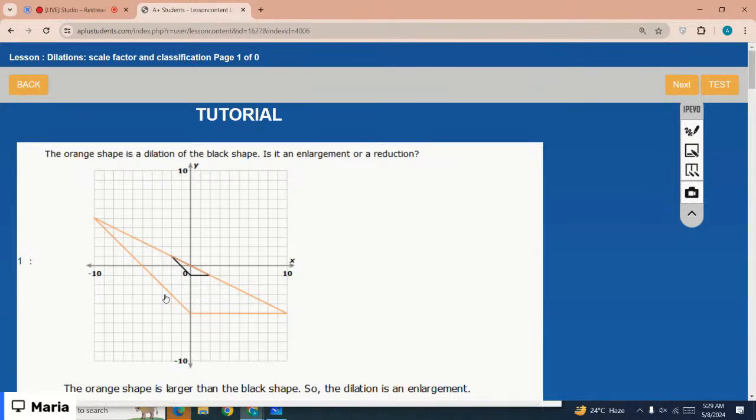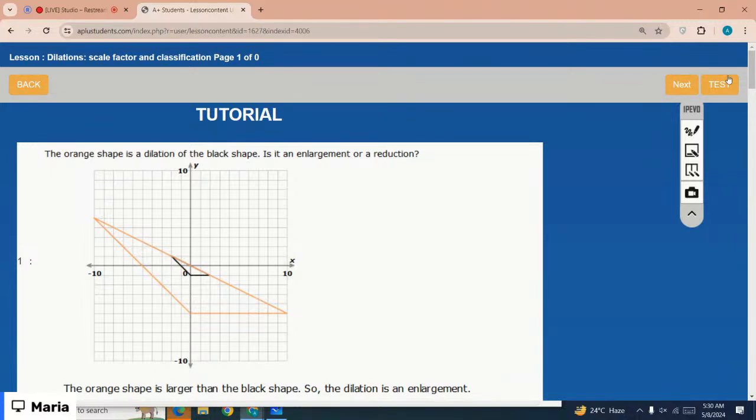The orange one is the bigger one. That means the dilation is an enlargement. Yes, that is an enlargement.